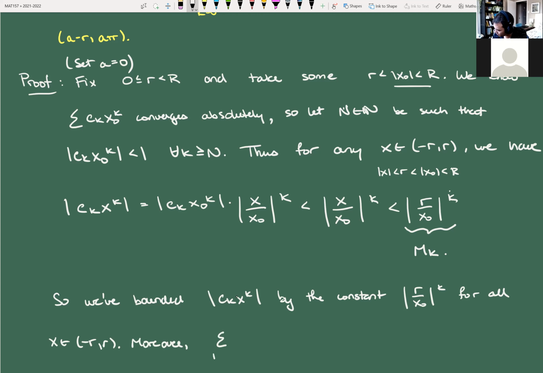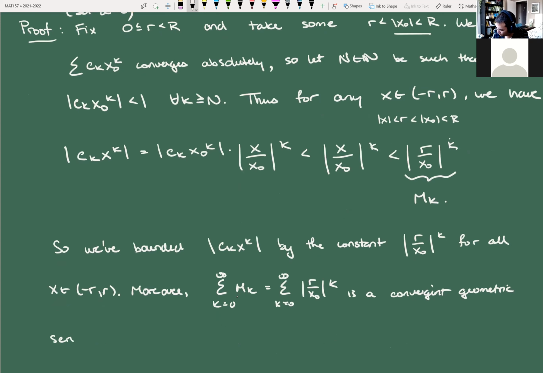Moreover, R over x naught to the k is a geometric series. It is a convergent geometric series.